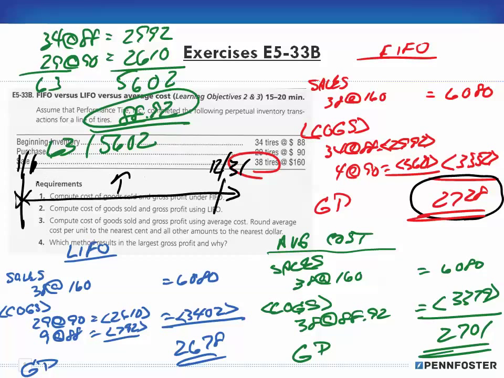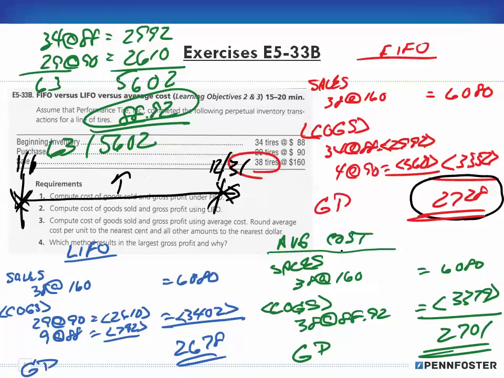If you're using FIFO and taking these lower costs out, that means I have a lower cost of goods sold, which increases my gross profit. If I'm taking the last ones in, they're at a higher amount, so my cost of goods sold is higher, which means I have a lower gross profit.